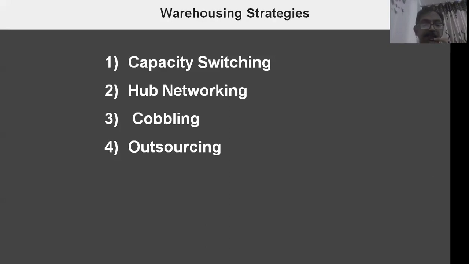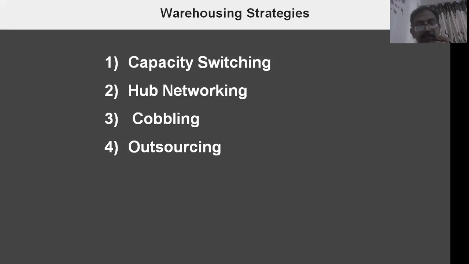Then another is cobbling. Cobbling is used when two, three companies are serving the same market, but their products are not competing with each other. Say, for example, Johnson and Johnson and Hindustan Lever. Johnson and Johnson is the leader in the baby segment.